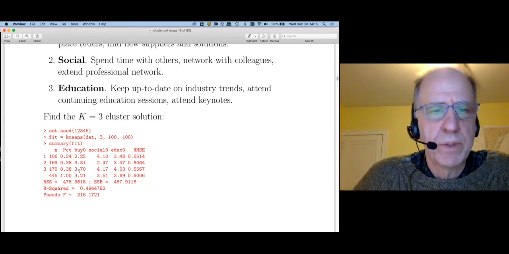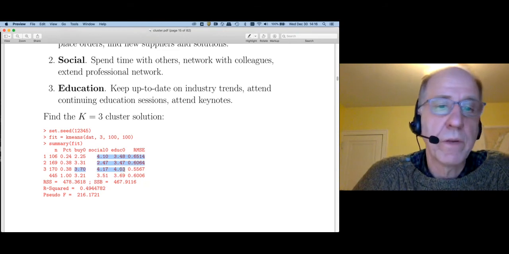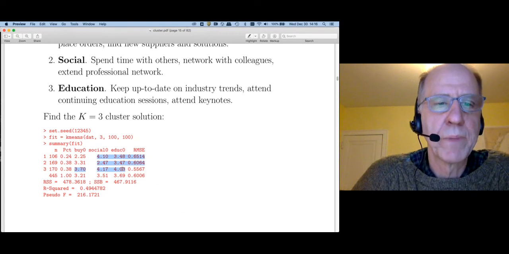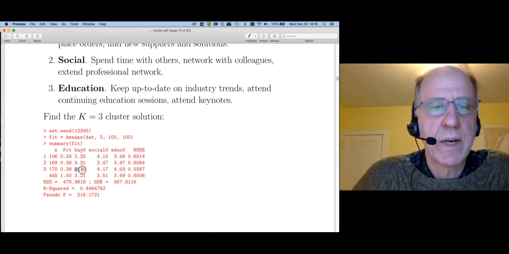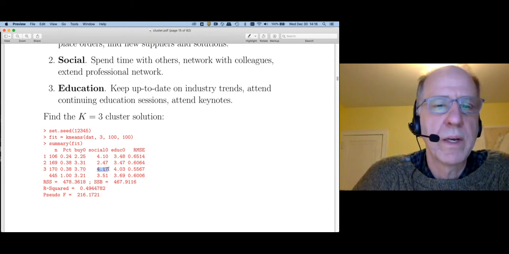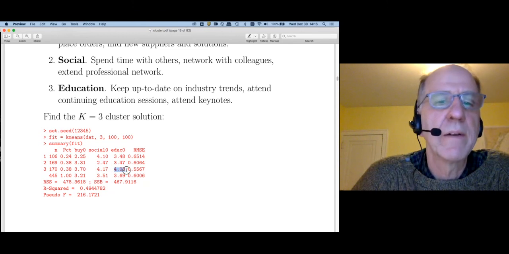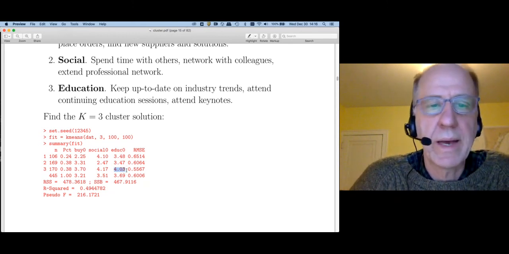So the way I would interpret this is cluster 3 is coming for the full conference experience. I'm not sure Cluster 3 is ever going to sleep, so they're going to spend a lot of time on the floor looking for stuff that they can buy. They're going to be socializing more than any other group, and they're going to attend every educational seminar they can.